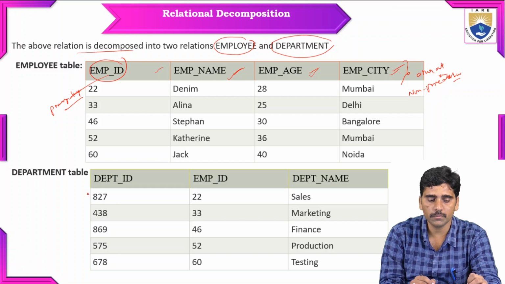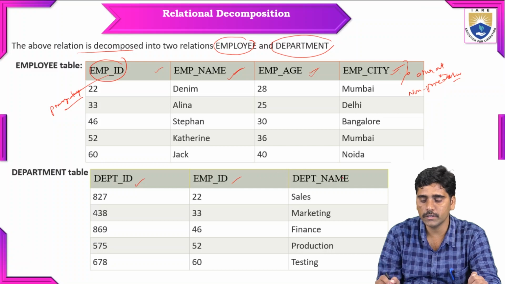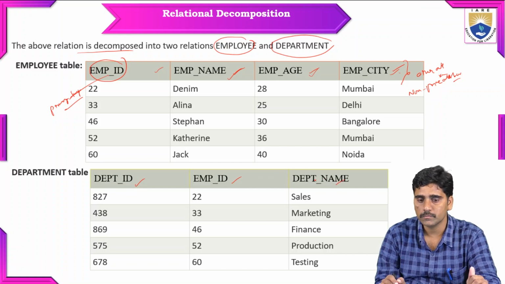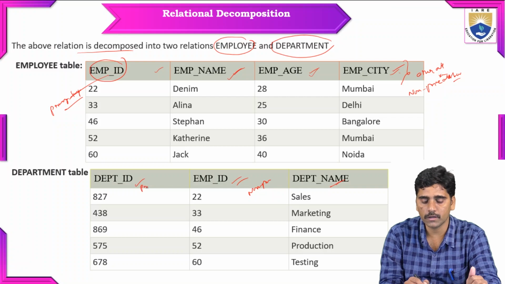Similarly, the second splitting table is the department relation, which contains department ID, employee ID, and department name. Here the employee ID and the department name are both non-prime attributes, and department ID is the primary attribute.